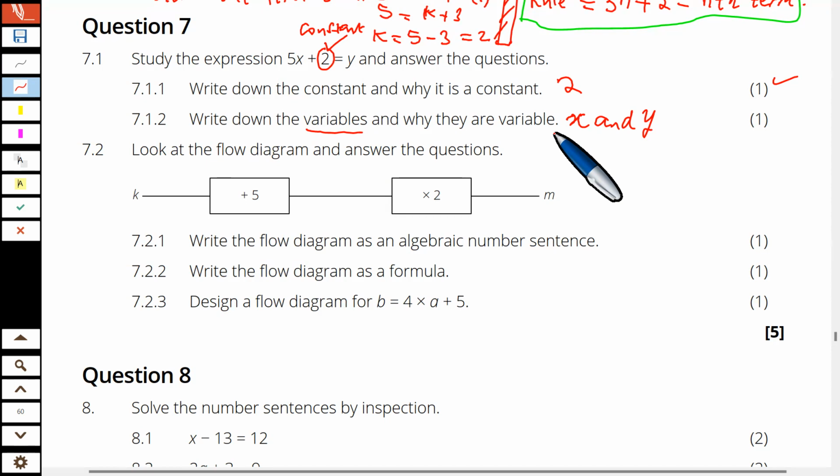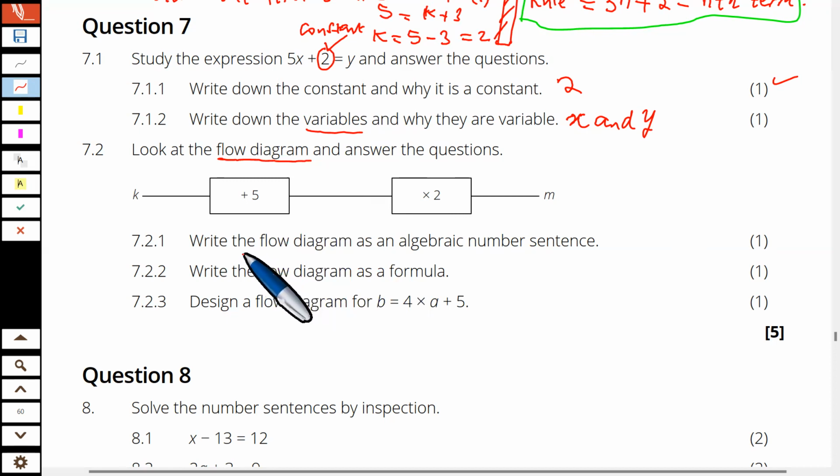Next question. Look at the flow diagram and answer the questions. So we're looking at 7.2.1. Write the flow diagram as an algebraic number sentence. We're looking at this diagram. This kind of diagram has a specific name. It's not just a diagram, but it is called the flow diagram.